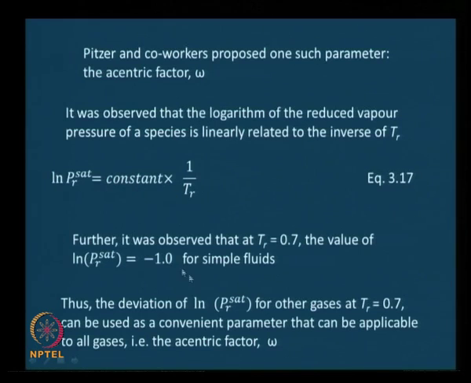And most importantly, it is just one measurement. The deviation of log of PR sat at Tr 0.7 can be used as a convenient parameter that is applicable to all gases. That is, in other words, this eccentric factor can be used as a convenient parameter.